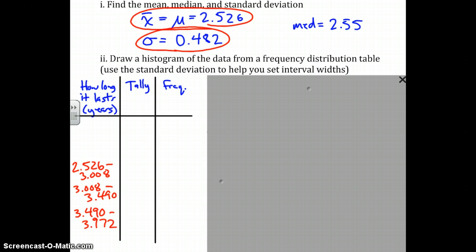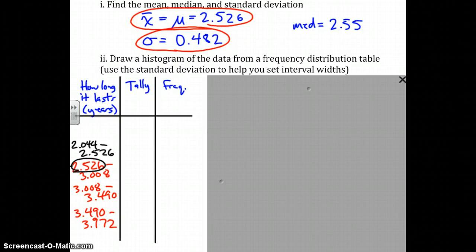Then from the mean, 2.526, I'm going to subtract a standard deviation. So the interval below it goes from 2.044 up to 2.526. And then go down another standard deviation. I'm running out of space here, so I'm going to move that down.